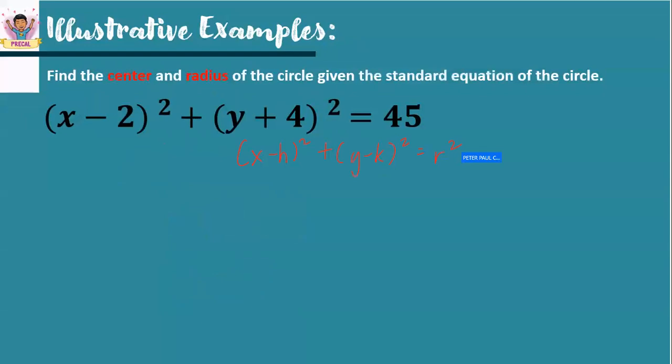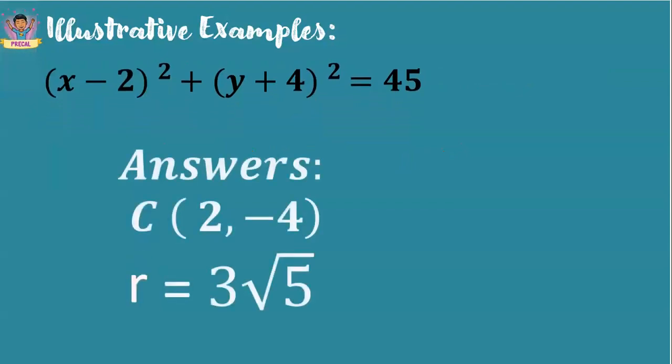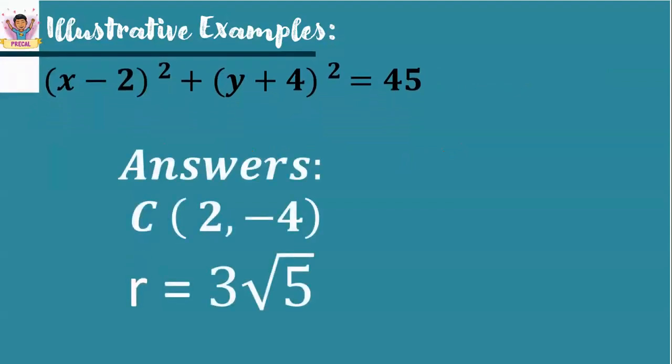So we have to give the opposite of the signs to determine the center. Obviously, our center is at (2, -4). Don't forget to invert the signs when you write them in the coordinates of the center for your h and k respectively.